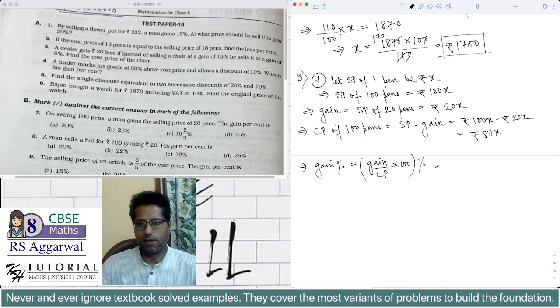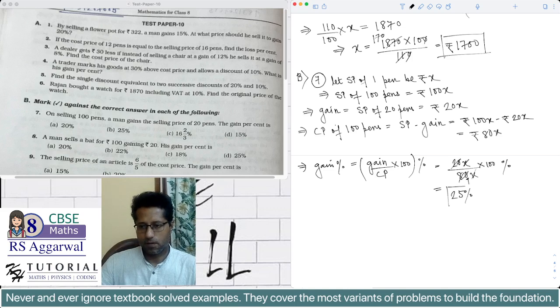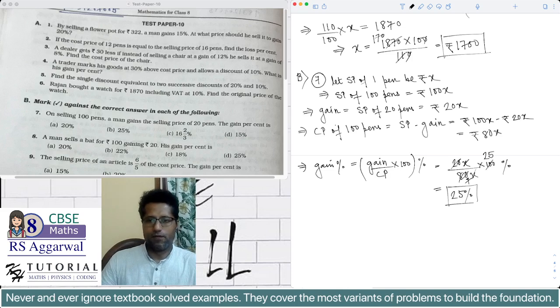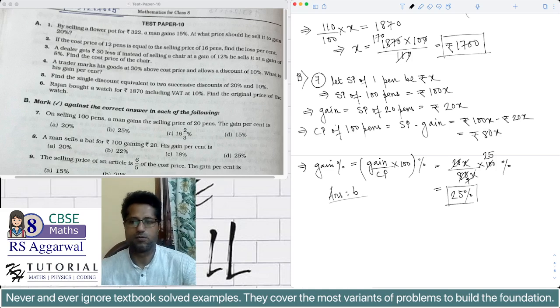This is equal to 20x divided by 80x multiplied by 100. x cancels out, 0 cancels out, 2 divided by 8 is 1 by 4, this is 25 percentage. So the gain percent is 25 percentage, and hence the correct choice is B. B is the correct choice.